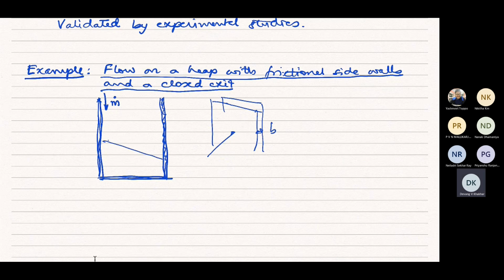But now it will not be a steady system, but what we will find is that in fact there is a flowing layer and then there is a continuous deposition. There are particles being deposited at all points because there's nowhere to go, so the particles have to deposit, and what you'll find is that the material surface rises at a constant rate, and that rate depends on the rate at which you are feeding it.